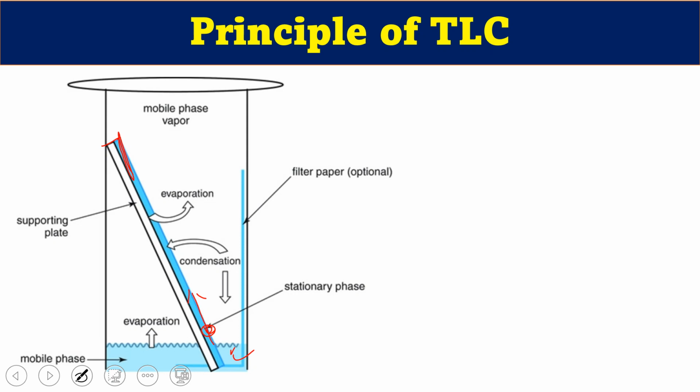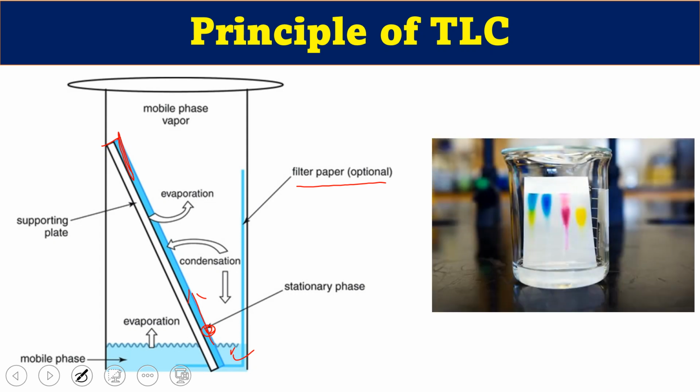Sometimes in this TLC chamber we also put filter paper which is dipped into the mobile phase, and this normally helps in equivalent movement of the compound. So this is optional, it is not compulsory, but it can be done. You can also use a beaker as a chamber, and there you can see on this plate how separation has taken place.